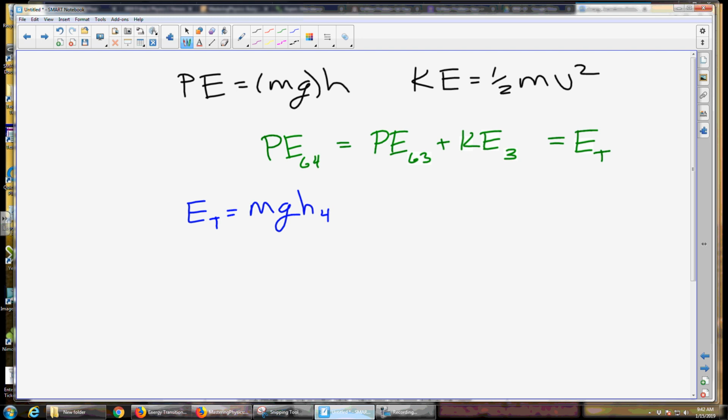I could find the PE at 3, right? That's just mgh at 3. I could use those 2 answers to find my kinetic energy at 3. It's how I'm going to approach it. If A equals B plus C, and I know A and B, I can find C. One of those algebraic things.